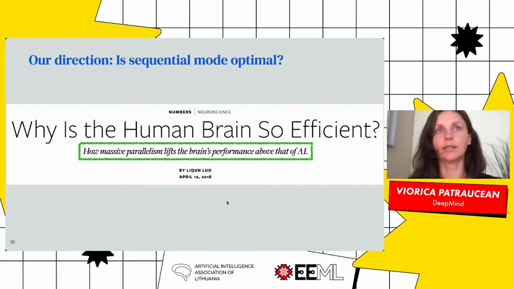This is a nice paper from the neuroscience community, asking the question, how come the human brain is so efficient? As I mentioned earlier, the human brain consumes about 10 times less energy than one GPU, and still does so many tasks. And their answer is that the massive parallelism that is used in the brain is responsible for the high performance that we are observing.